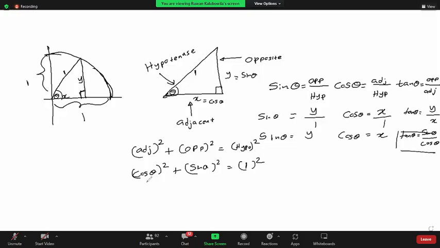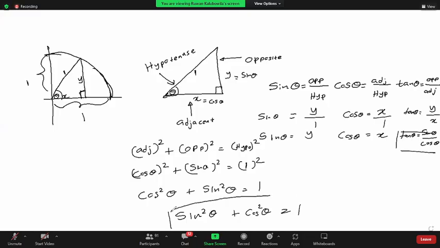In trigonometry we write this as cos square theta plus sin square theta, and this should be equal to 1. This is a well known equation in trigonometry: sin square theta plus cos square theta is equal to 1.